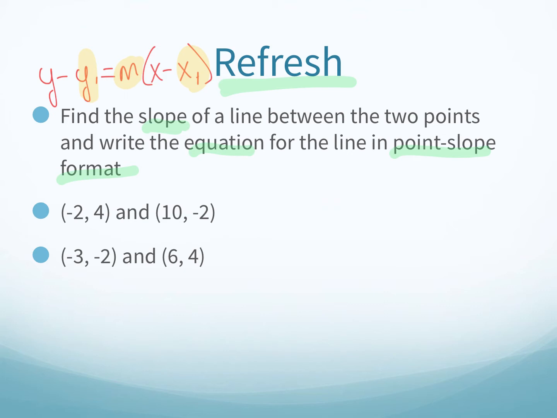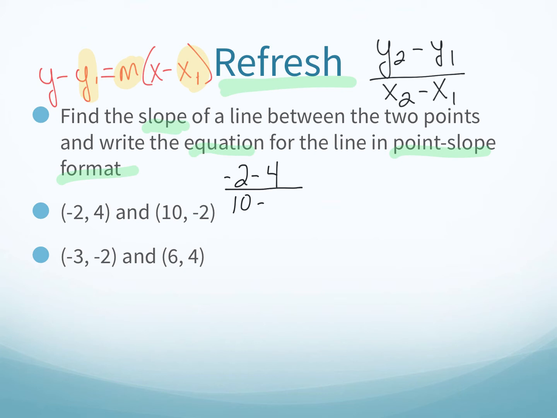So, to find the slope, we are going to use our slope formula, which of course is y2 minus y1 divided by x2 minus x1. So, first equation, my slope is going to be negative 2 minus 4 divided by 10 minus negative 2.